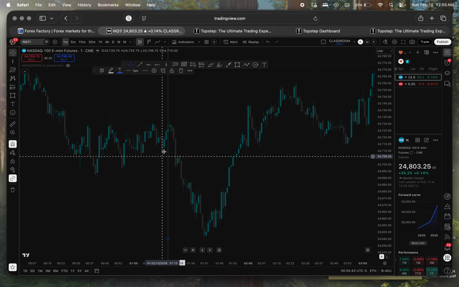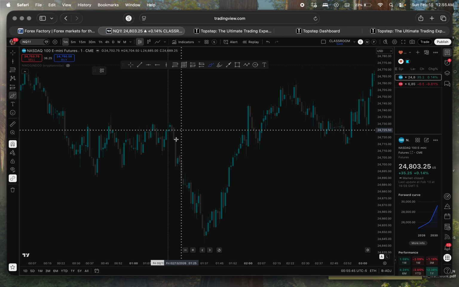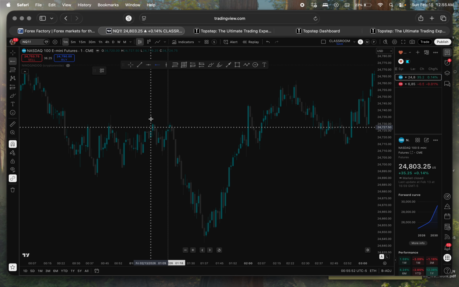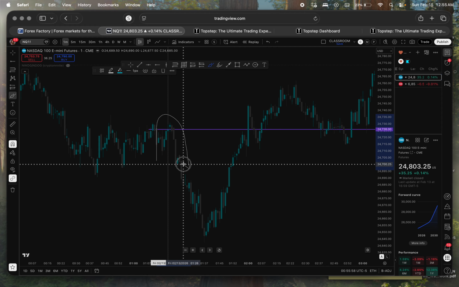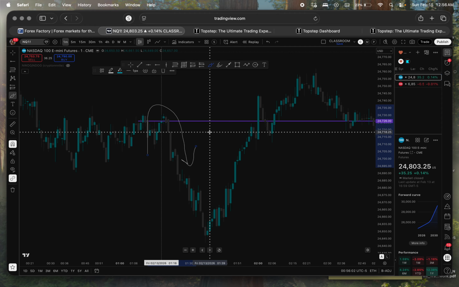Let's say we find price comes up above this high. And let's say price goes over and down. Cool, that's liquidity right there.